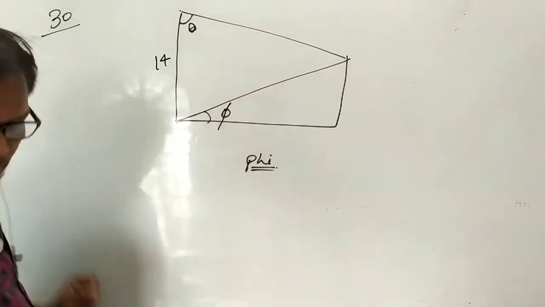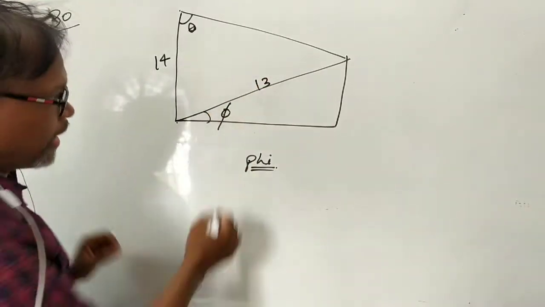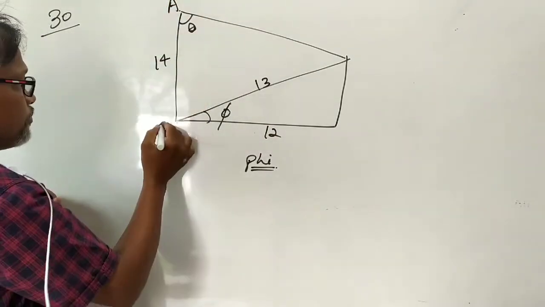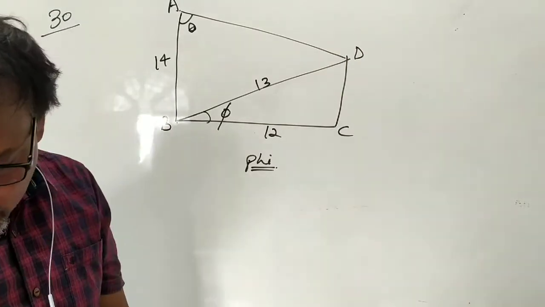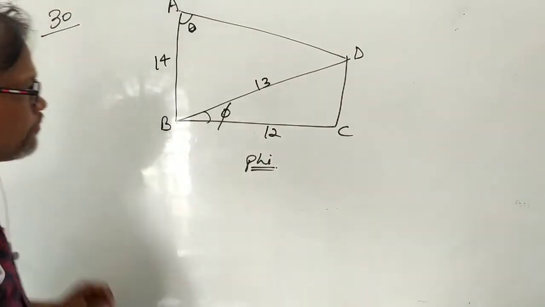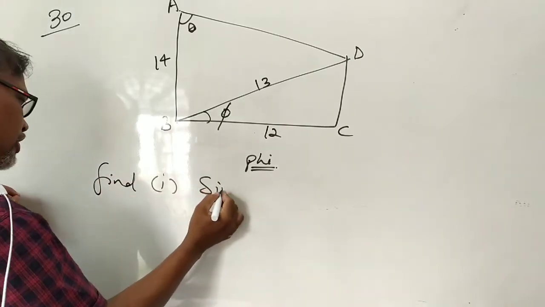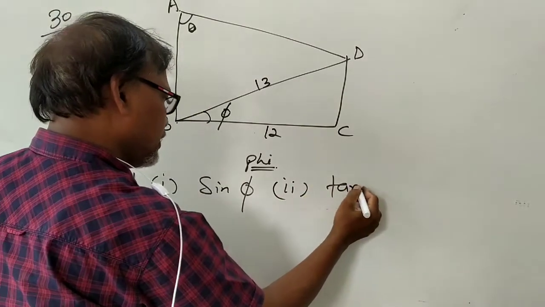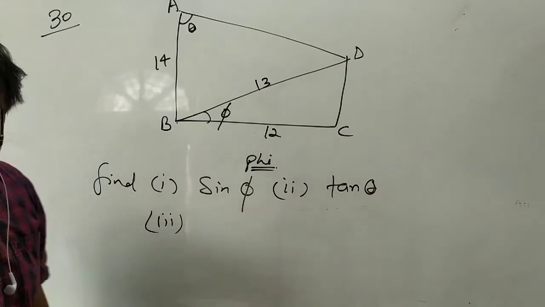यहाँ से यहाँ तक 14, 13. This length is 13, and this length is 12. This is the A, B, C, and D. You have to find the sine phi. First part, sine phi. Second part, tan theta, and third part, one more part is given.